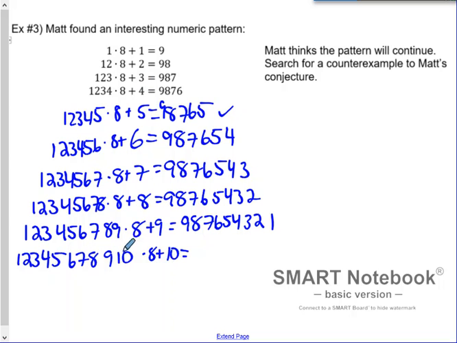Because as soon as I get to 10, I'm adding 2 digits on instead of just 1 digit. And what will I be getting as an answer then? Like, how is this pattern going to continue? Okay, so maybe you get all the way up to there. Maybe you're just like, well, what's going to happen at 10? So skipping all of those steps, or like checking every single one. So his conjecture is not true. However, we can revise it to make it true.